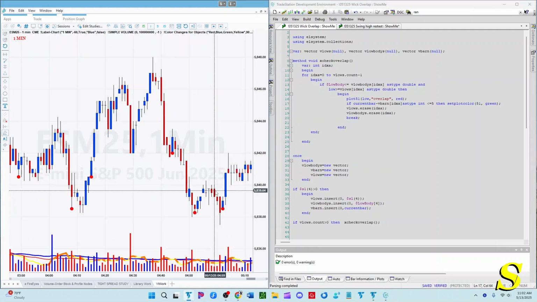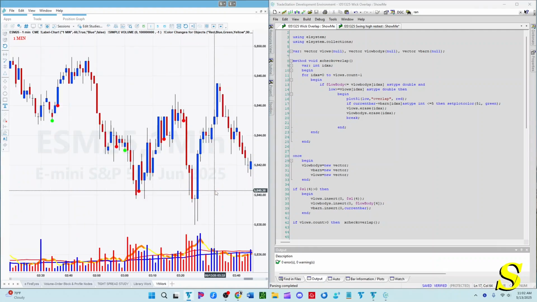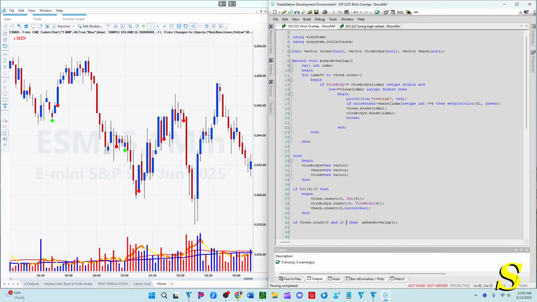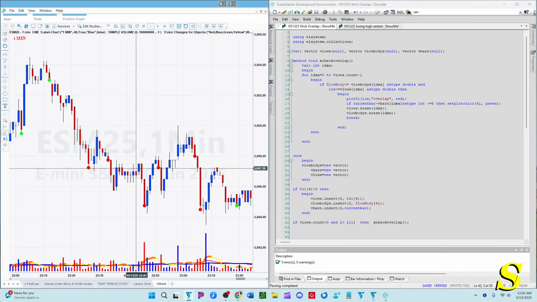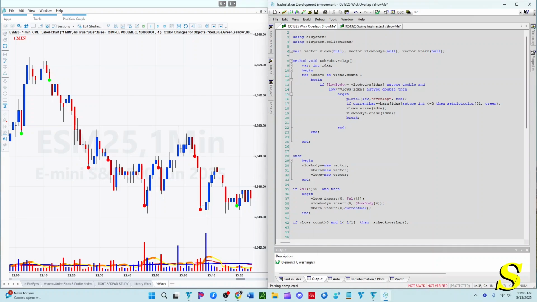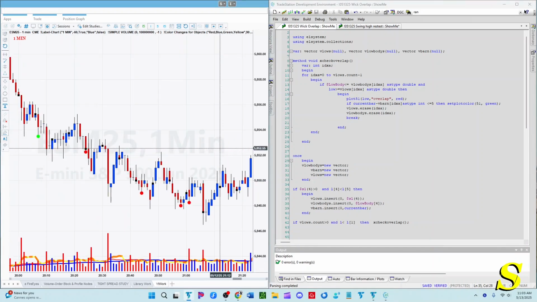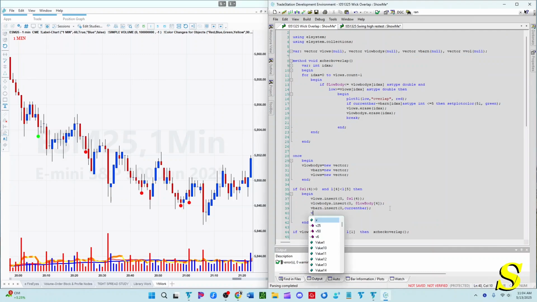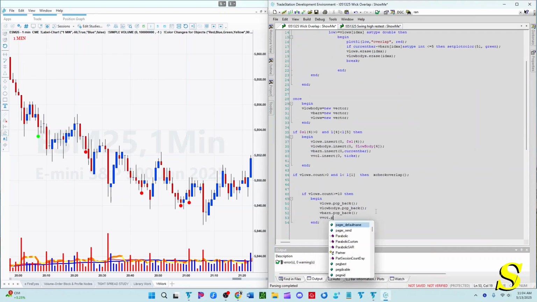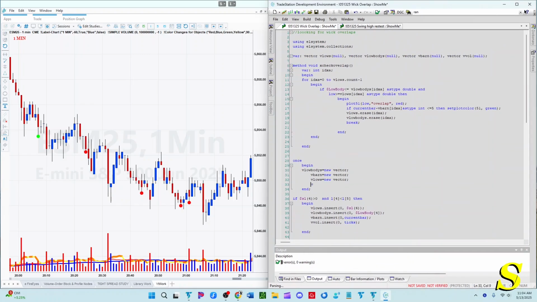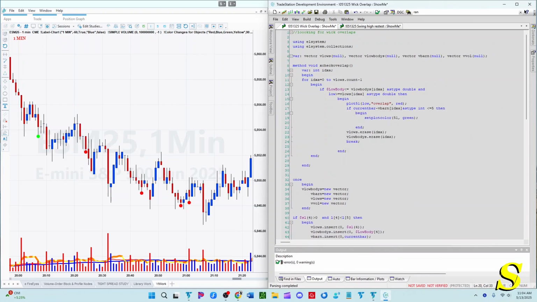So I needed a vector for each of those, one for the low, one for the low of the body, and then I had one for the bar number so I could compare how many bars ago that swing low happened. Because if our current analysis of our bar was too many bars away from that swing low, then we consider it to be irrelevant.